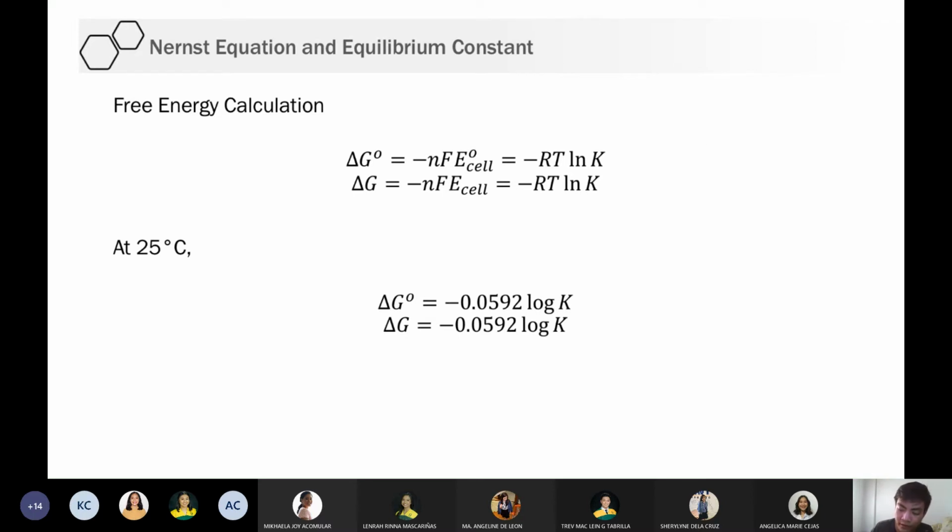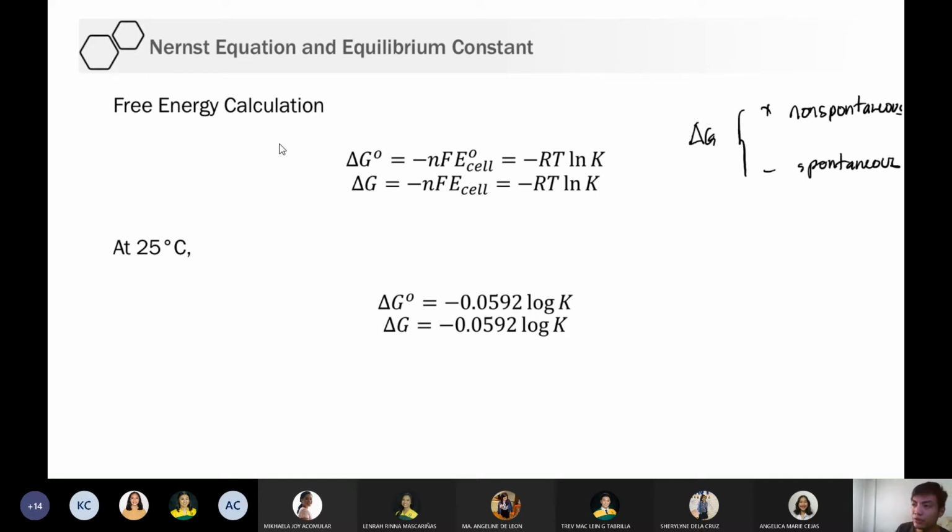Okay. And if your delta G is positive, ibig sabihin nun this is non-spontaneous. Ibig sabihin hindi mangyayari yung reaction. If your delta G is negative, then that is spontaneous. Okay. Ibig sabihin the reaction will occur. Okay. So yan lang.